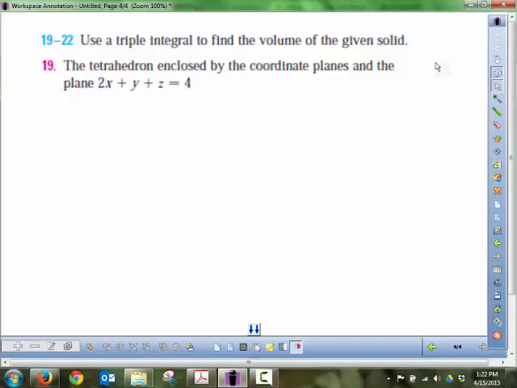So coordinate planes are x equals 0, y equals 0, z equals 0. So we might be in the first octant, probably, and this plane. We can imagine how this might look in 3 dimensions, but let's first imagine how this would look in 2 dimensions.